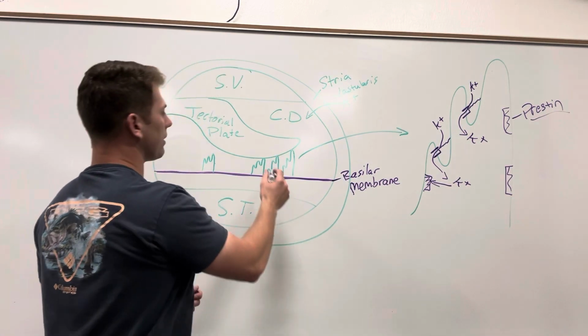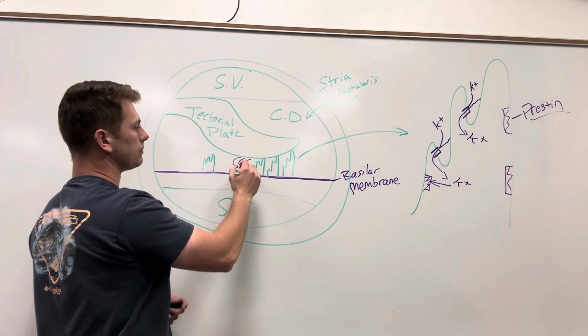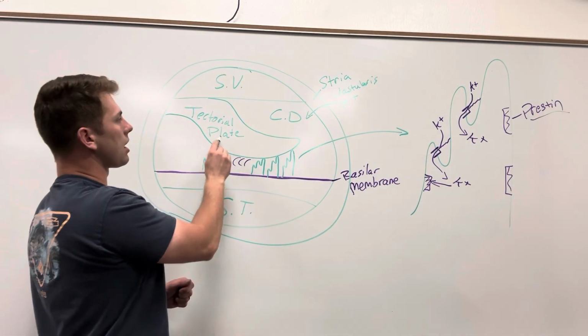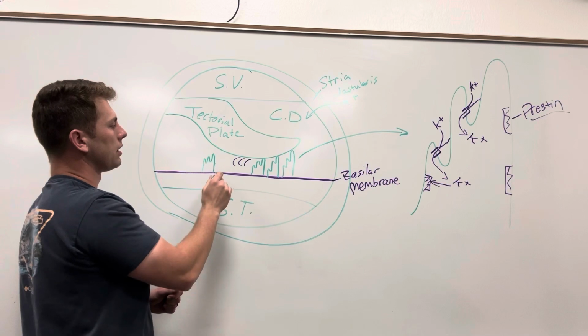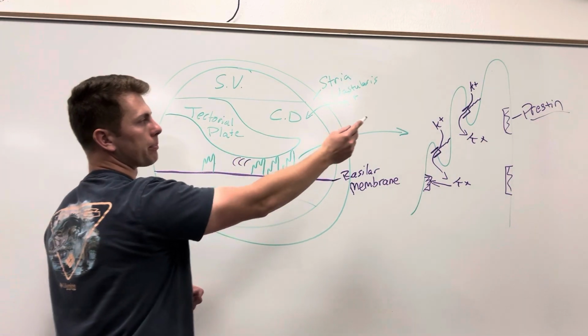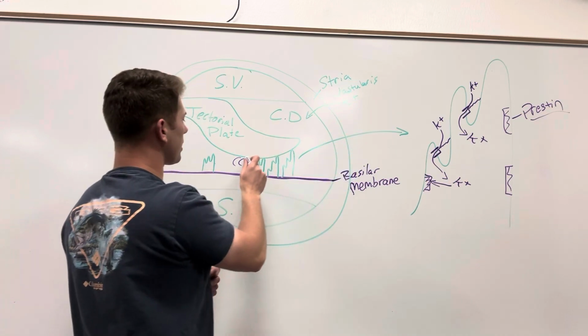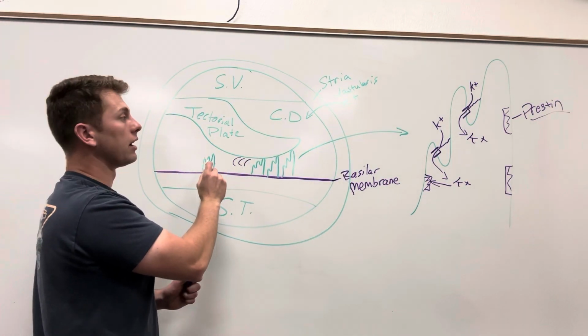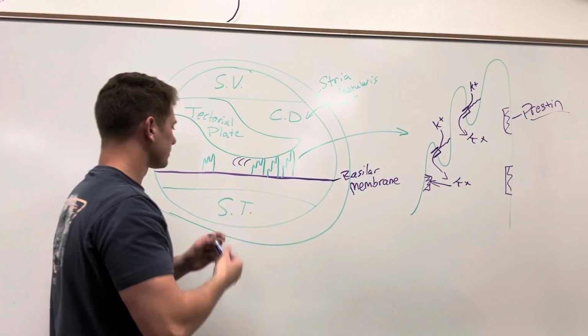This causes waves to form that will affect this inner row. This inner row is not connected to the tectorial plate, so it's not directly affected. But these waves that the prestin motor proteins cause make it so that these stereocilia will bend as well.